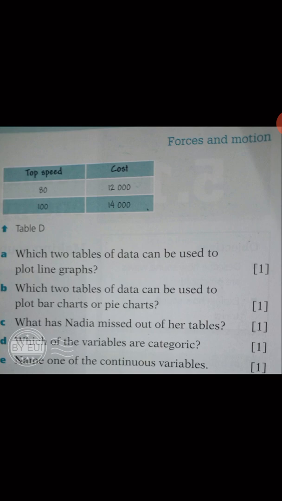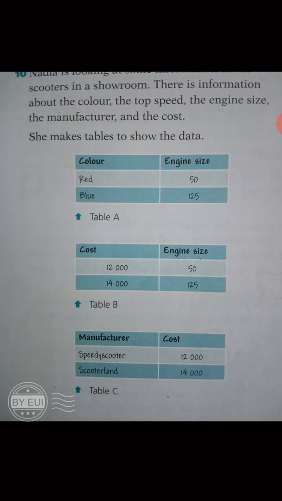In question B, they are asking which two tables of data can be used to plot bar charts or pie charts. So leaving table B and D, the other tables, table A and table C, can be used to plot bar charts or pie charts.